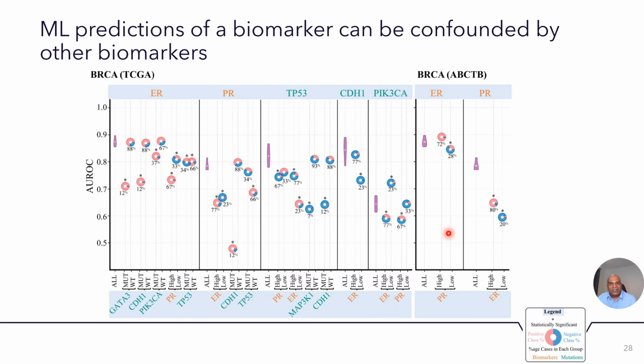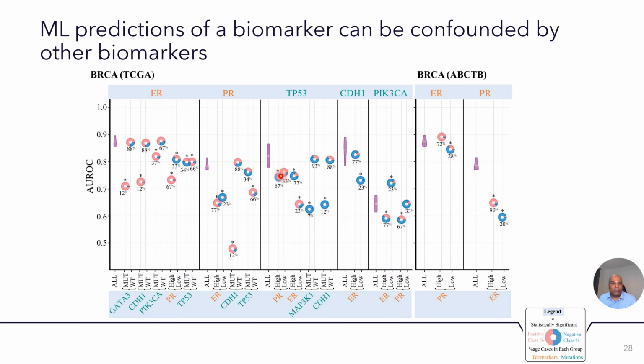It's not just that the prediction of TP53 mutation status is confounded by grade, it's also confounded by other biomarkers. For example, if we take TP53 mutations and divide the patients into those in which PR expression is high versus low, we see a significant confounding effect.